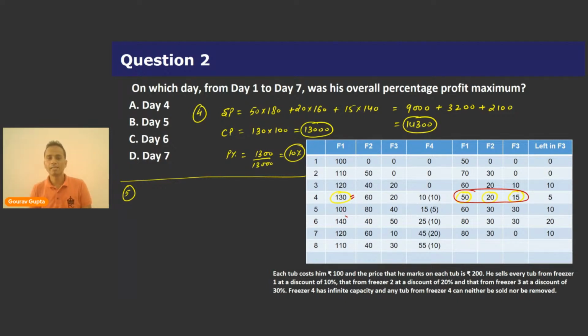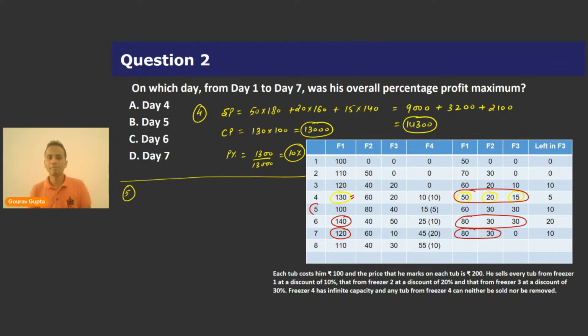On day number 6, he has kept 140 tubs and he has sold all of them, right? All 140, but at different discounts, at different selling prices. On day number 7, he has kept 120 tubs and he is able to sell only 110 tubs, right?